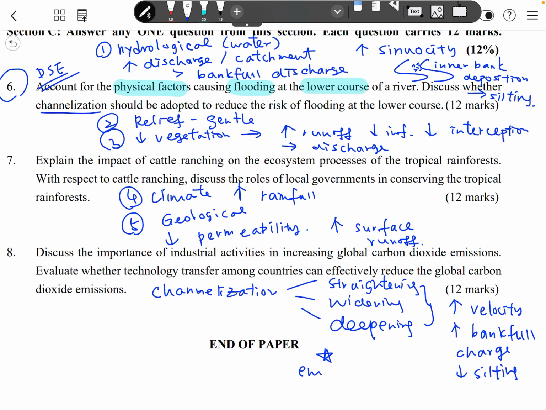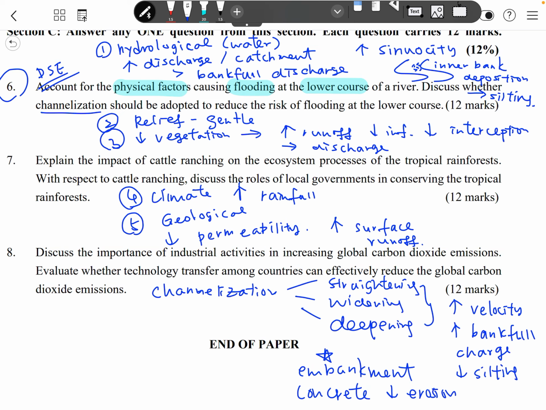And one more thing many of you miss out is the embankment, the artificial river bank. The embankment is covered with concrete, so we can reduce the erosion. And sometimes we will also have vegetation planting to increase the infiltration, so as to lower the peak discharge and reduce the risk of flooding.